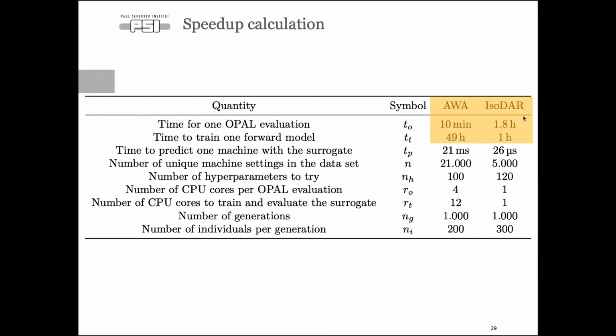And for the IsoDAR case, one evaluation of the model lasts nearly 2 hours, 1.8 hours, whereas our surrogate model only needs 26 microseconds. So these surrogate models are suitable for optimization, using, for example, a genetic algorithm. Also, if you think of doing the optimization in real time or online.